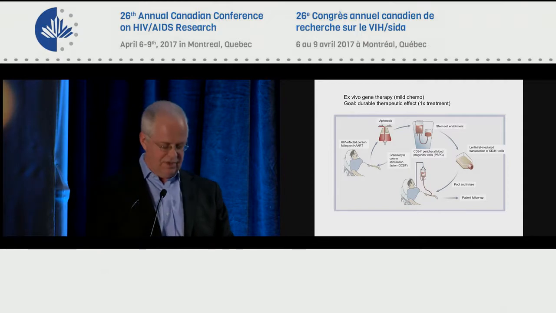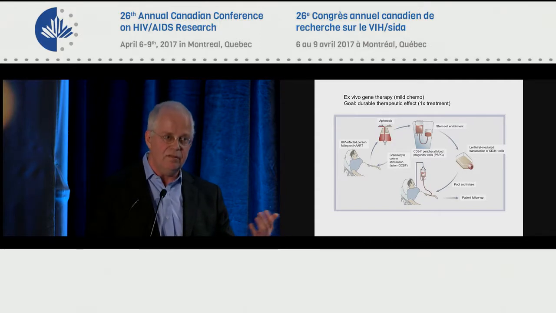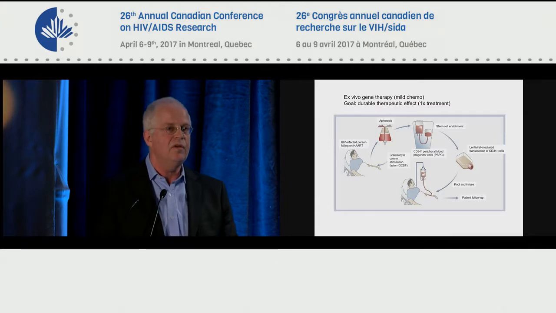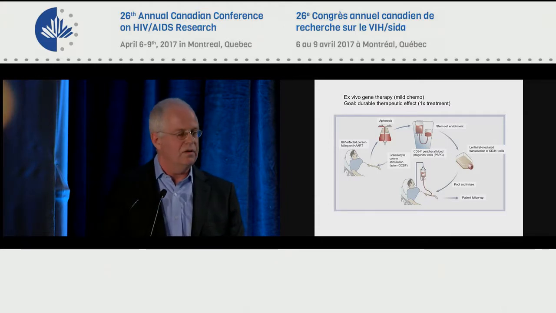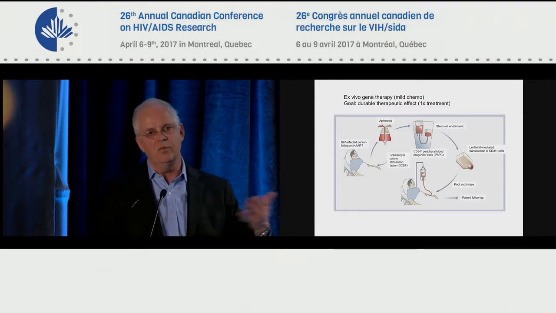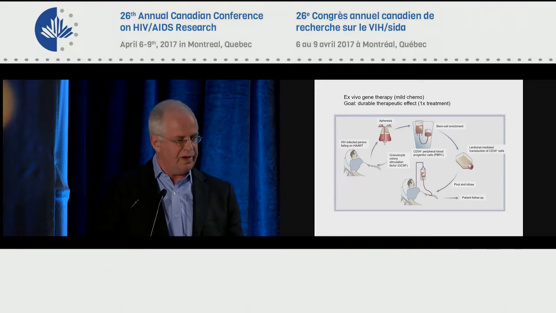So this is sort of the picture we have. This will be a patient infected, treated for a long time, and likely failing on the regular therapy, and then he will be offered a gene therapy, which starts by a pre-treatment with GCSF to mobilize the hematopoietic blood stem cells from the bone marrow into the periphery.